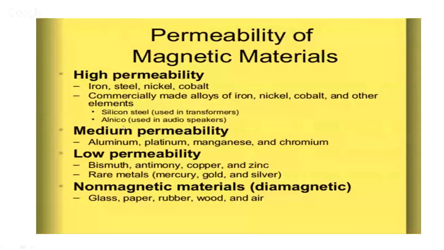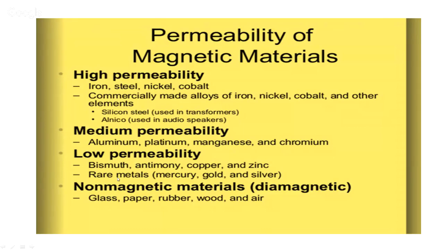So here is the permeability of different magnetic materials. High permeability materials are iron, steel, nickel, cobalt, and some commercially available alloys of iron, nickel, cobalt, and other elements. Silicon steel is very popularly used in transformers. Medium permeability materials are aluminum, platinum, magnesium, chromium.